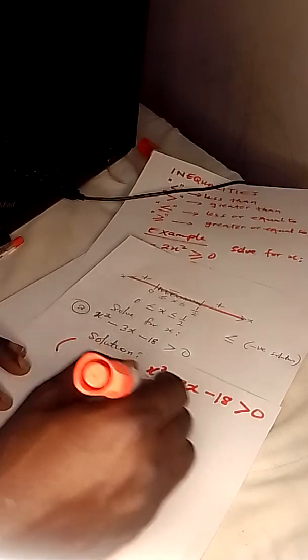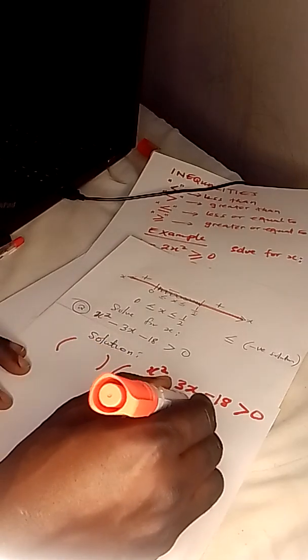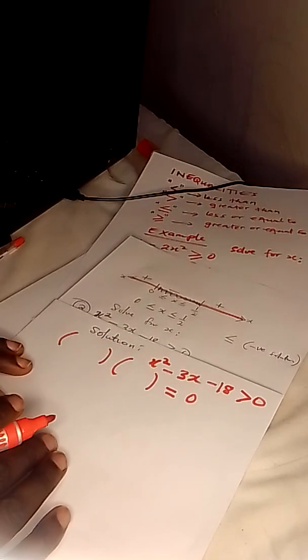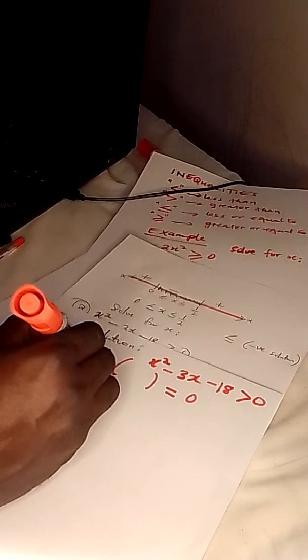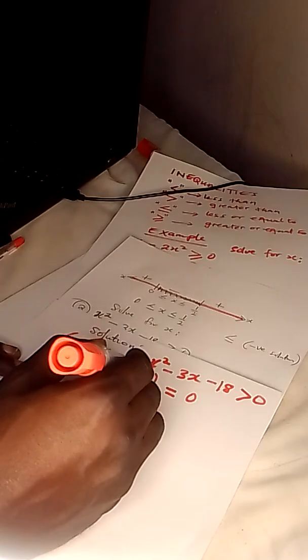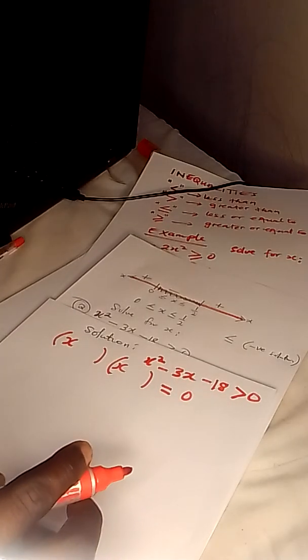So I open two brackets and I put my equals to 0 here. Okay, I'm looking for my critical value. So here, factors of x squared is x here. You put another x here. Then when you multiply, it gives you x squared. Okay, now let's look at factors of 18 that when we multiply, we get 18. When we add, we get minus 3.